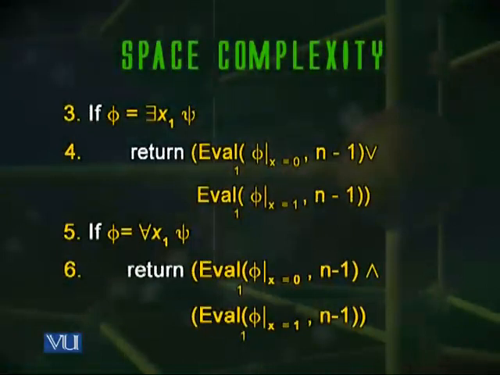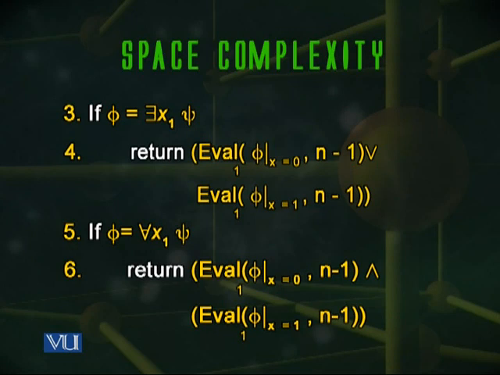So, we are not going to go into very nitty-gritty details, but the only thing we'll convince ourselves of is that only a polynomial amount of space is needed, or only a polynomial amount of local variables need to be pushed on the stack, for this algorithm to work. For example, if you look at this algorithm, all we need to do is push the current phi on the stack and then compute phi restricted to x equals 0 and evaluate it.